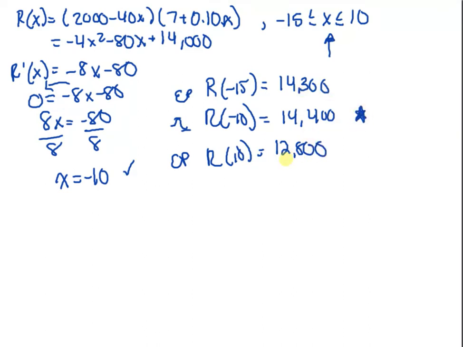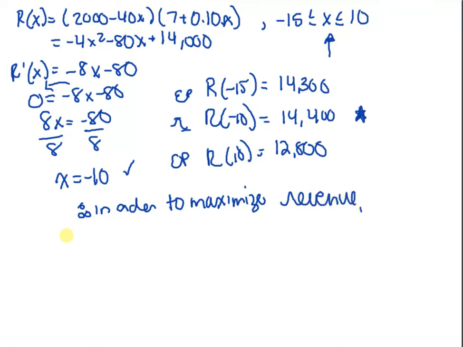I get it when x equals negative 10. Therefore, in order to maximize revenue, we must have negative 10 increases of 10 cents.